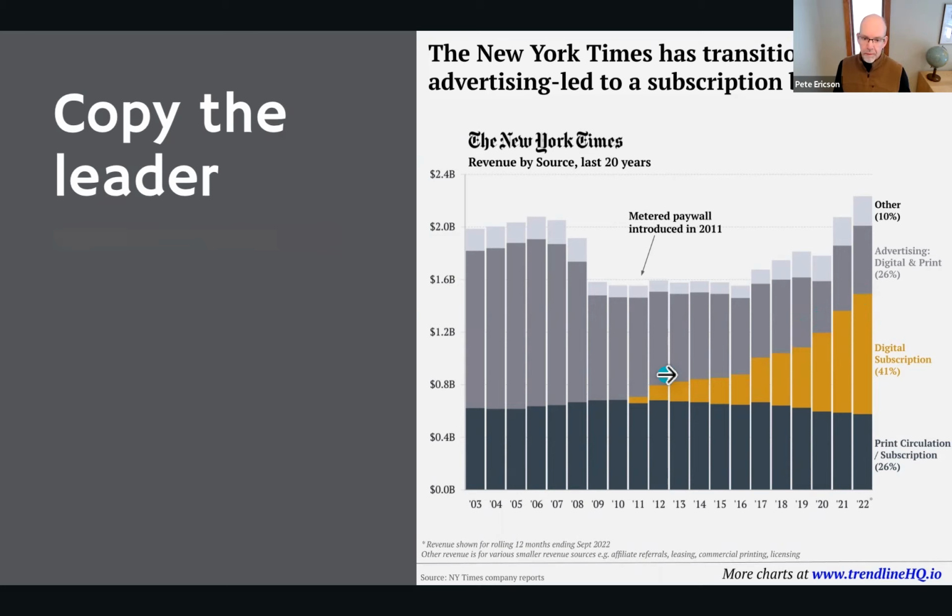And as a publisher, whether you're a news publisher or a magazine publisher, you can essentially mirror what the New York Times is doing. They are the tech bellwether, or one of them, in the publishing industry. And if you keep an eye on what they're doing, you'll see the things that are working, and you'll be able to implement, maybe not all of it, because they use a very sophisticated technology platform, but essentially the fundamentals of what they're doing, and that works.